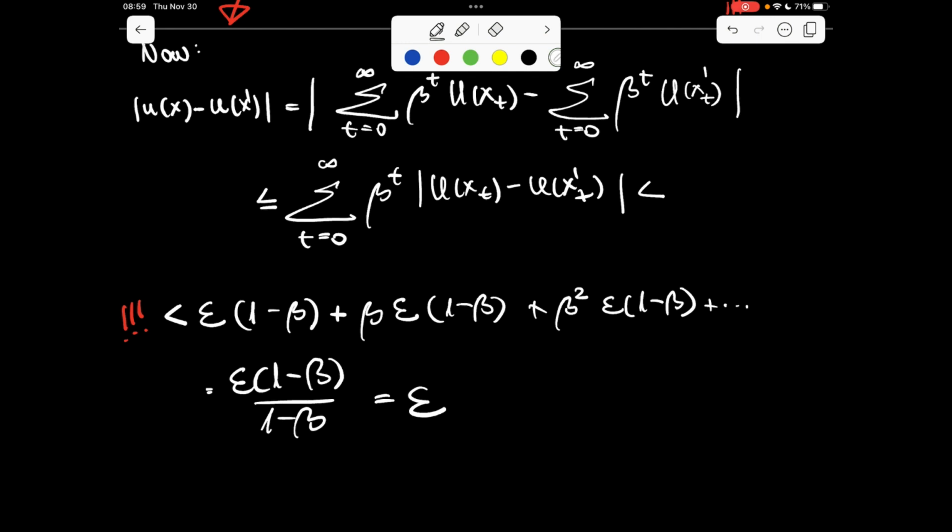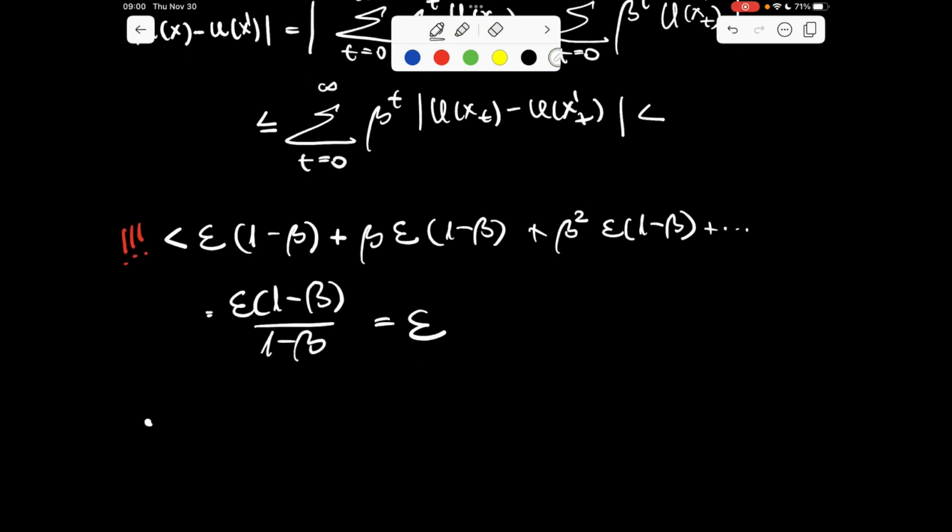So u is continuous, the utility function is continuous in this norm. Okay, so in the norm we use, assumption, next one, assumption 15.4.